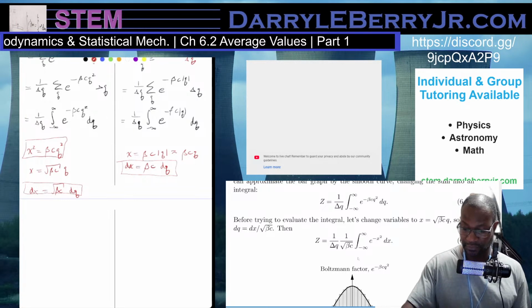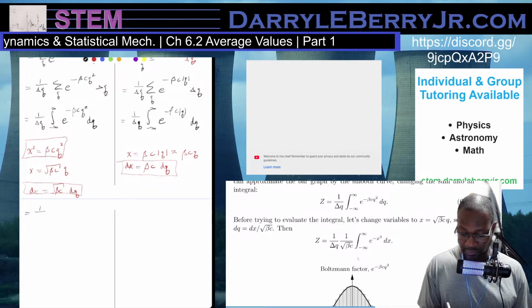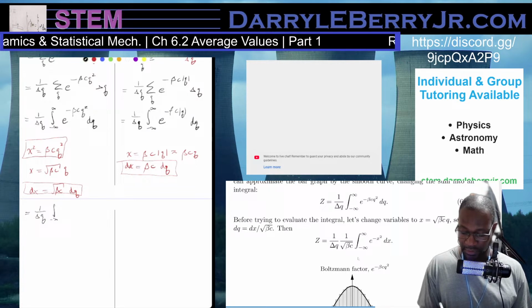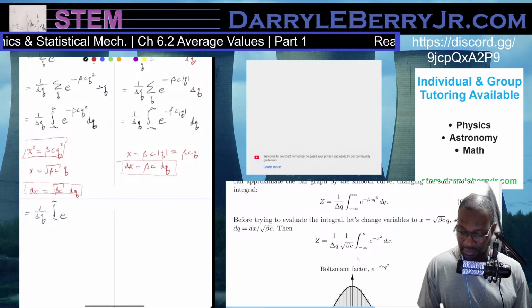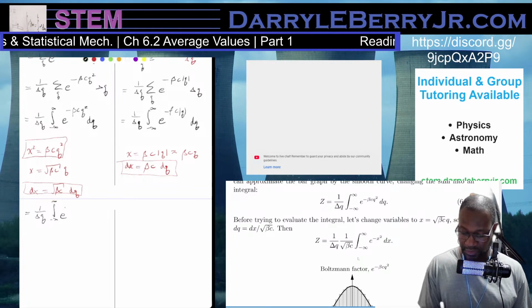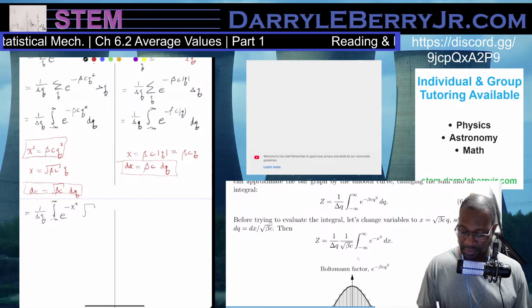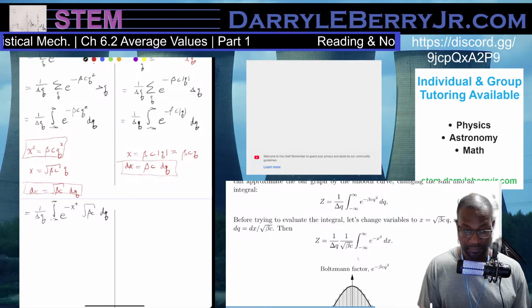So now we have z equals 1 over square root of q, the integral of e to the negative x squared, since bcq squared is x squared, and dx is square root of bc dq.